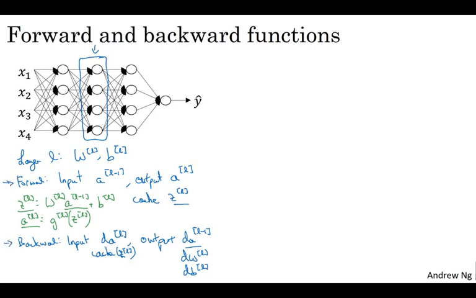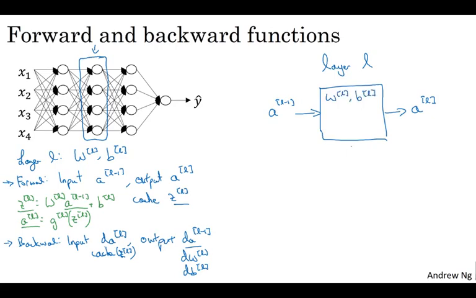We're going to call it a forward function, as well as this backward step, which we're going to call a backward function. So just to summarize, in layer L, you're going to have the forward step, or the forward prop, or the forward function, input AL-1 and output AL. And in order to make this computation, you need to use WL and BL.